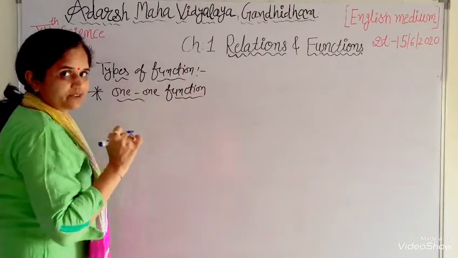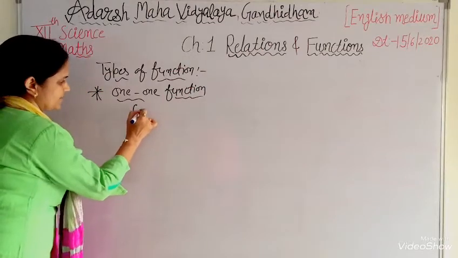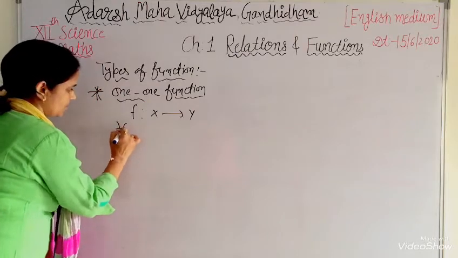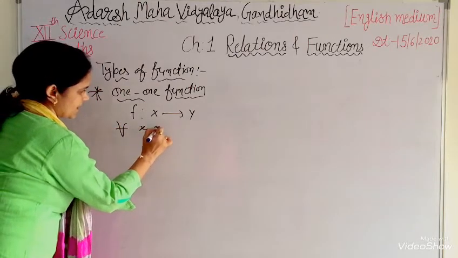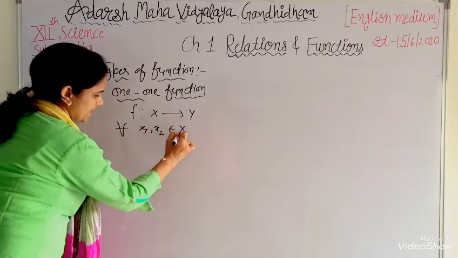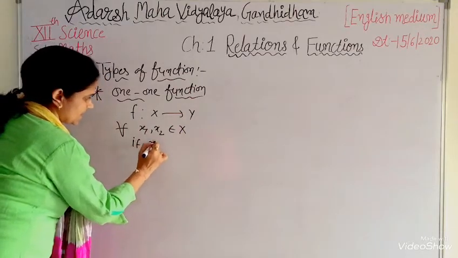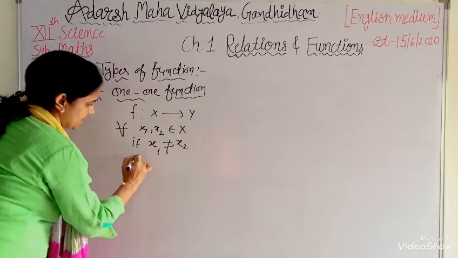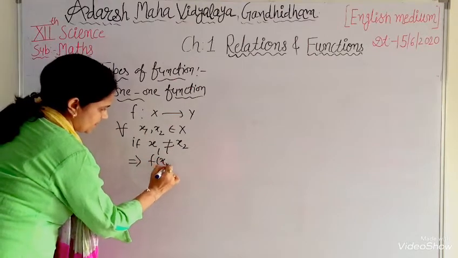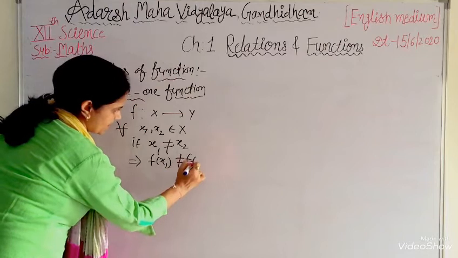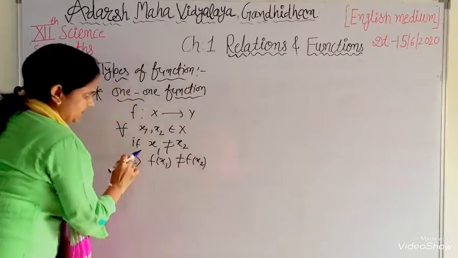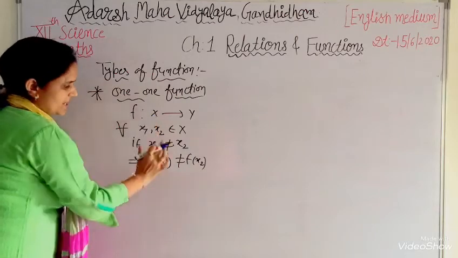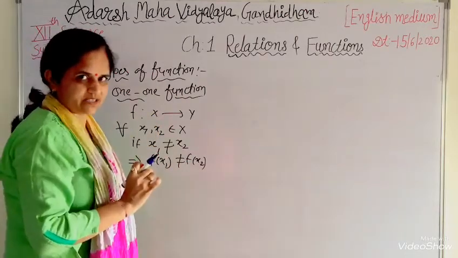For the one-one function, student, f is a function from X to Y, for all x1, x2 belongs to X, if x1 is not equal to x2, then f(x1) is not equal to f(x2). It means the distinct elements of set X have different images.